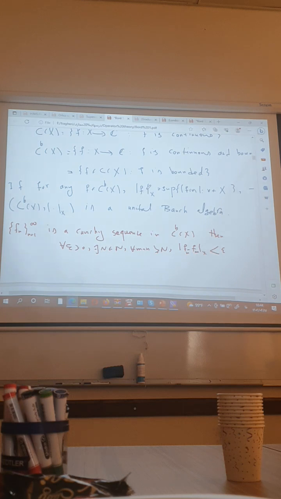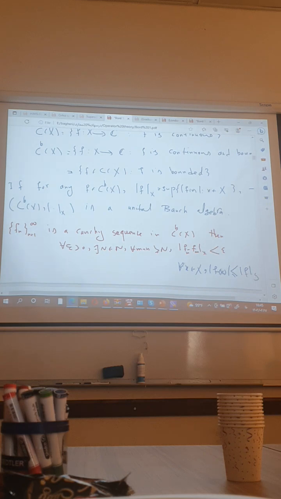This is very trivial, that for any x in X, f of x is less than or equal to this norm, because this is the supremum of this object.